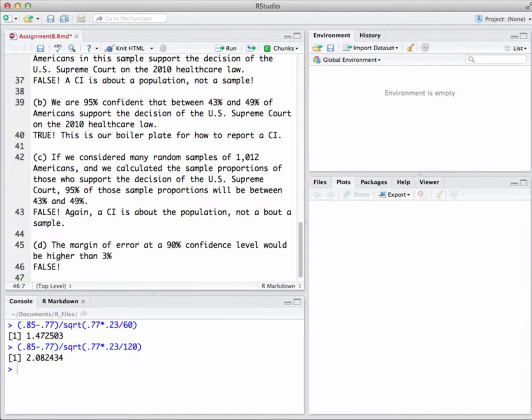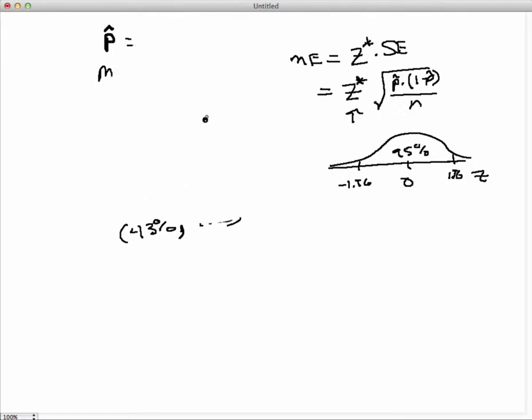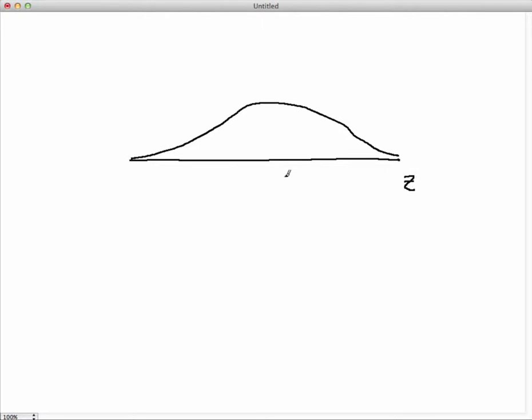Okay. So let's go over to the whiteboard and draw a little bit of a picture here, and maybe that'll hopefully make a little more sense why that one is false. So let's go ahead and clear out all of this. And so let's draw ourselves a standard normal distribution here, thinking again about the empirical rule Z here. So we know that we're centered at 0 here.